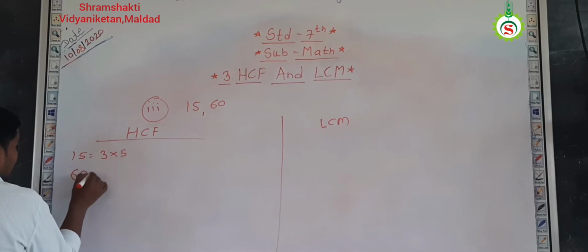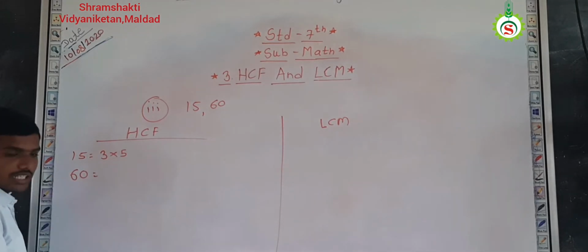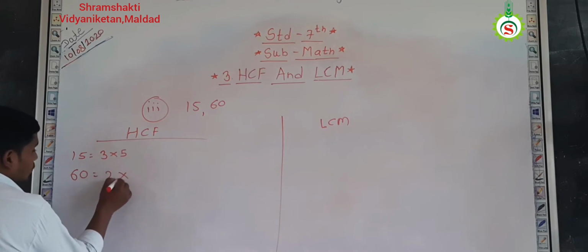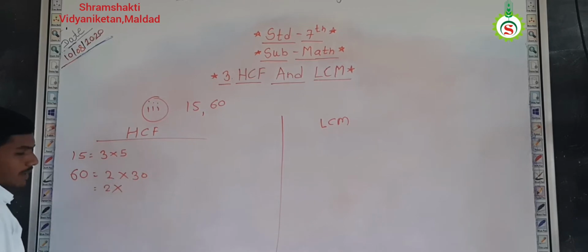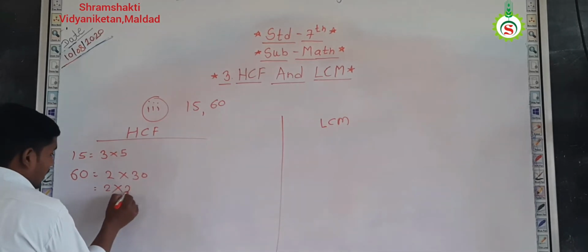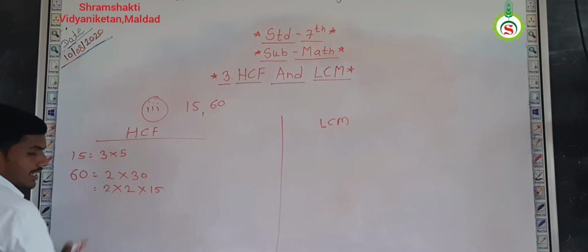Now the next number is 60. So which is the smallest number which will divide 60? That is 2. So 2 thirties are 60. Now that 2 is not divisible by any other number, but 30 is divisible by another number. Again I will divide it by 2. So 2 fifteens are 30.